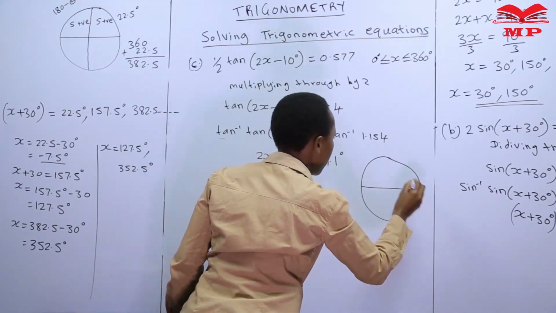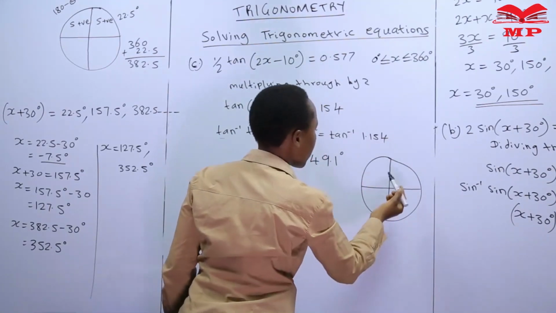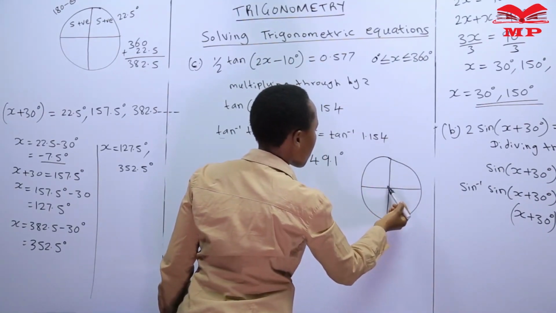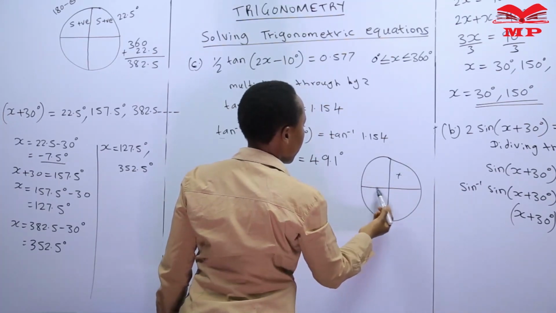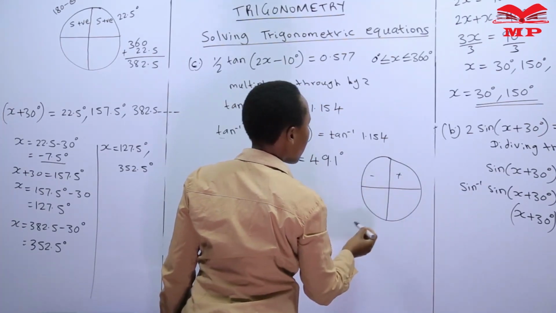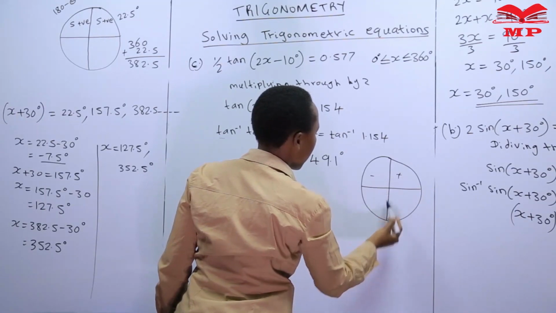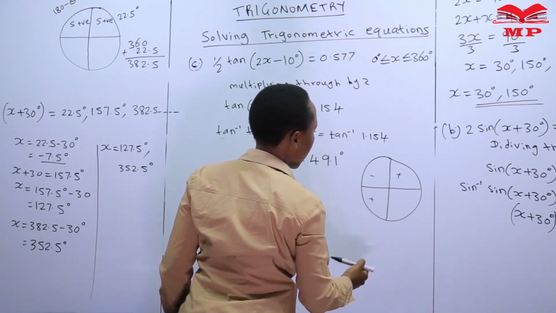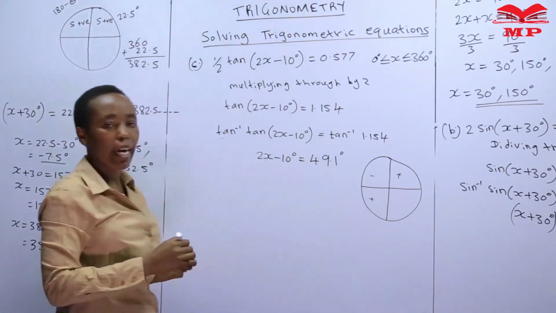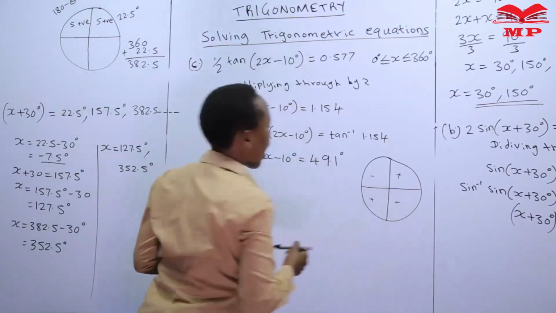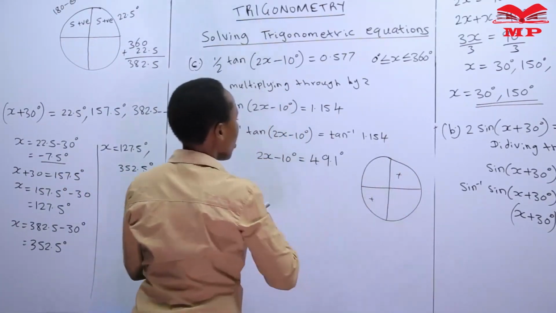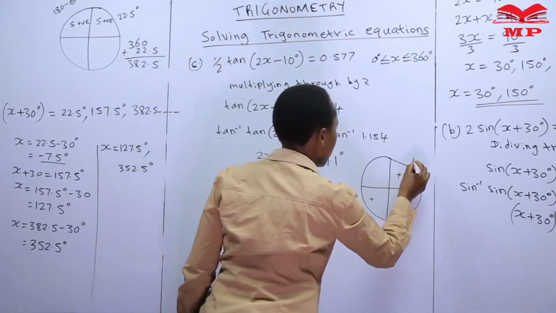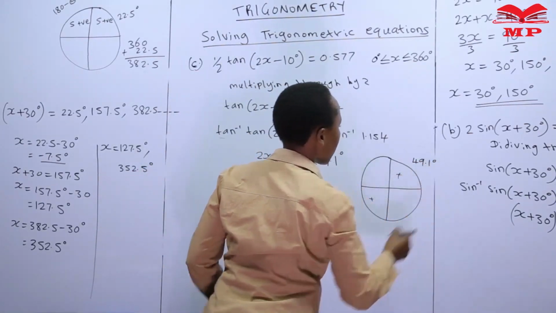Here sine is positive and cos positive, so tangent is positive. Here tangent is negative. Here we have negative and negative, so it is positive again. Here tangent is negative. So we consider where tangent is positive, and our acute angle is 49.1 degrees.